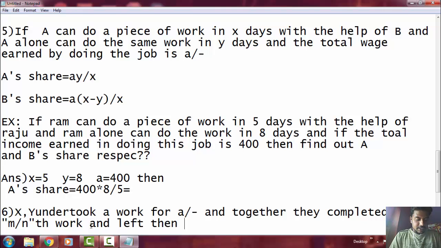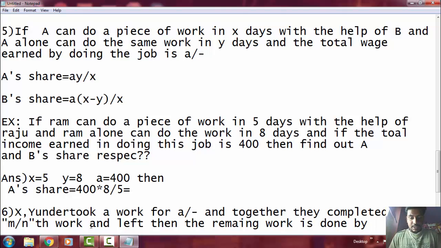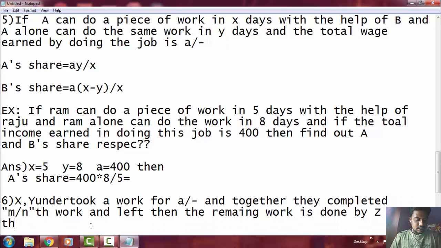Then the remaining work is done by z. Then the share of z can be as follows.